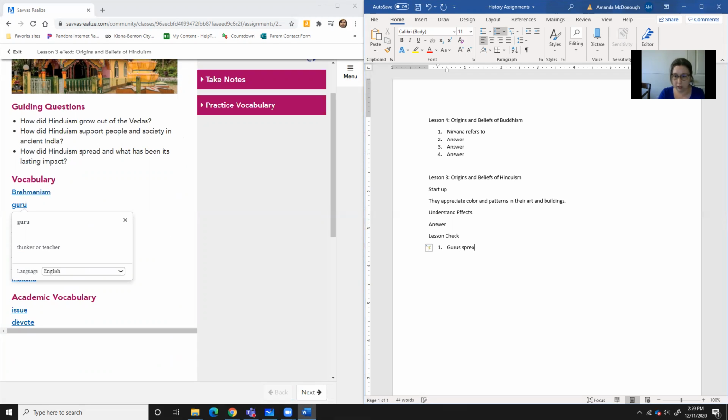Gurus spread Hinduism, and it's a proper noun, so we should capitalize it, by traveling around and teaching others about it. Now, you're going to save this.